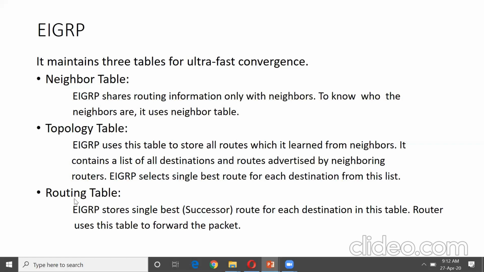And the routing table, as you all know, stores the single best route for each destination, the single best successor route. The router uses this table to forward packets. By referring to the routing table only, the node forwards the packet towards the destination.